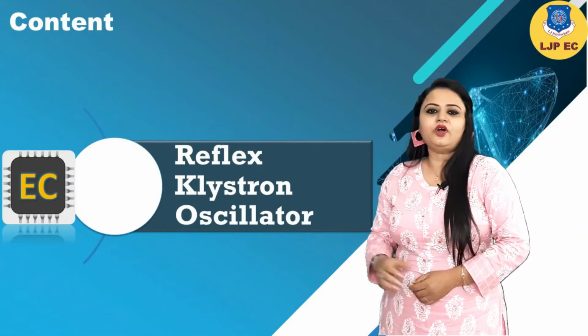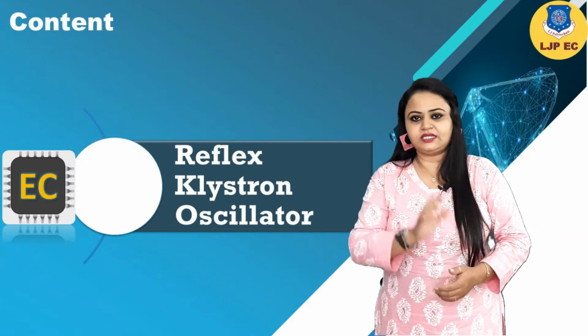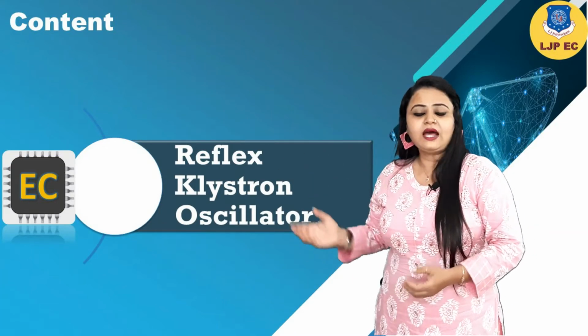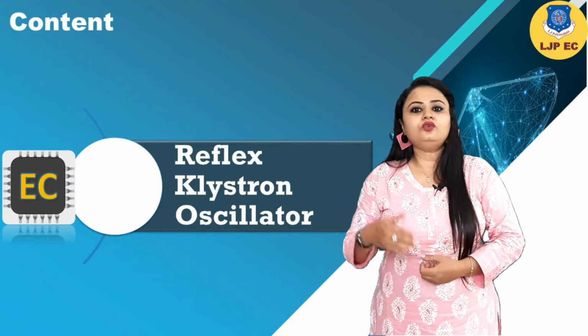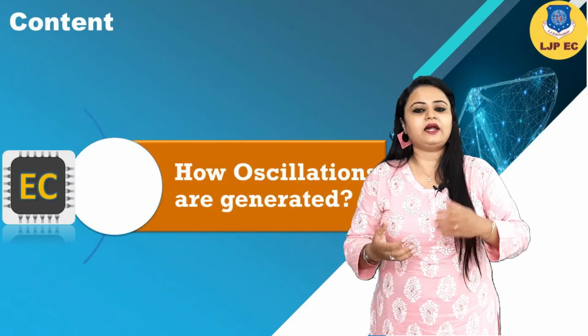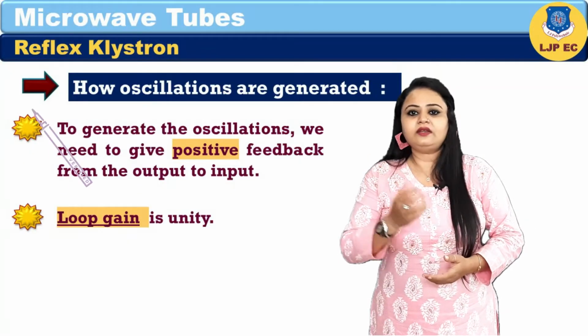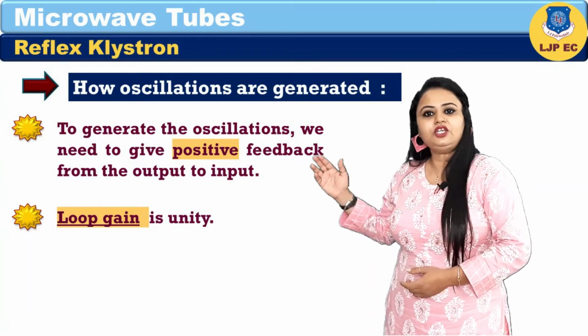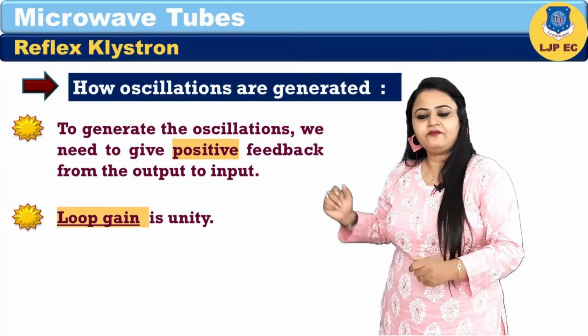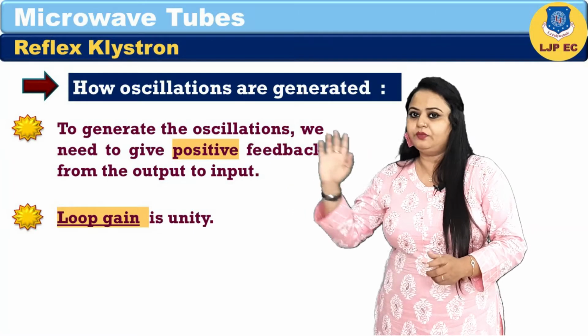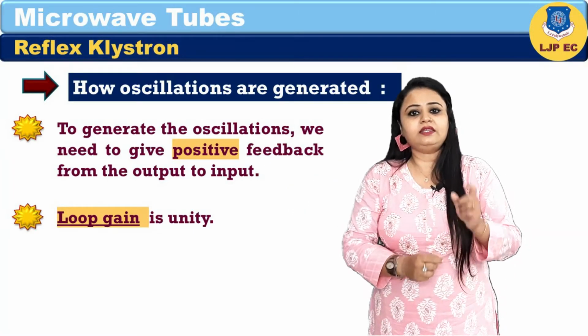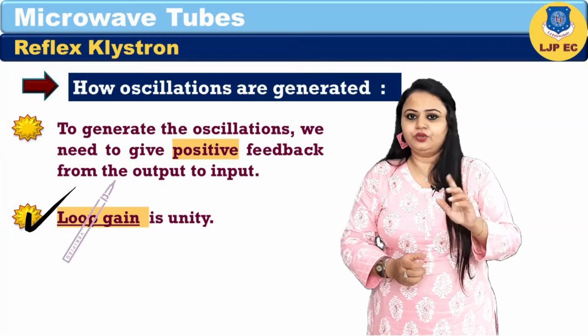Now let us see what a reflex klystron oscillator is. Before answering this question, we need to know how oscillations are generated. To generate oscillations, we need to give positive feedback from output to the input with the constraint that loop gain is unity.